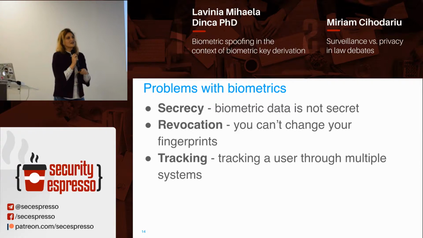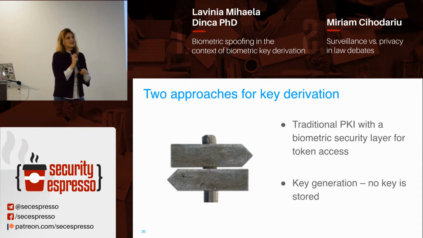So what's the current state of the key derivation? There are two types of PKI system nowadays that use biometrics. The first type is traditional PKI with a layer of encryption on the token. So basically the token that stores the private key has, let's say, a fingerprint sensor.